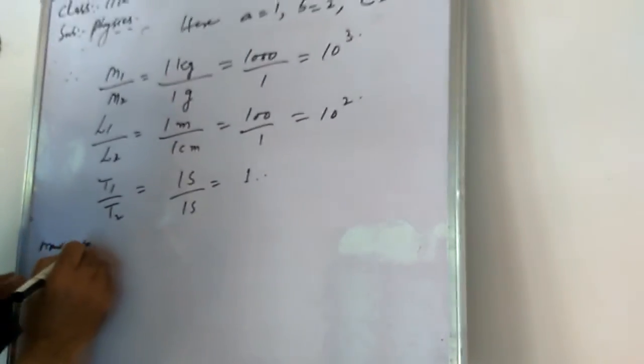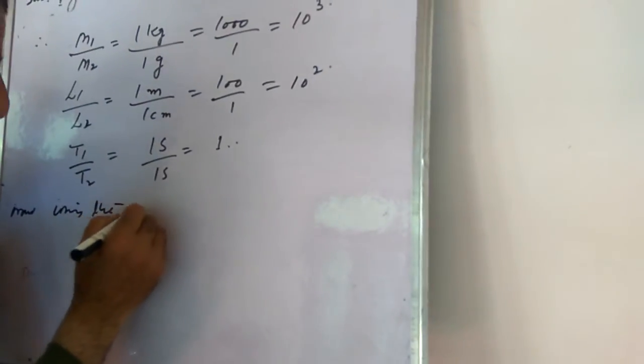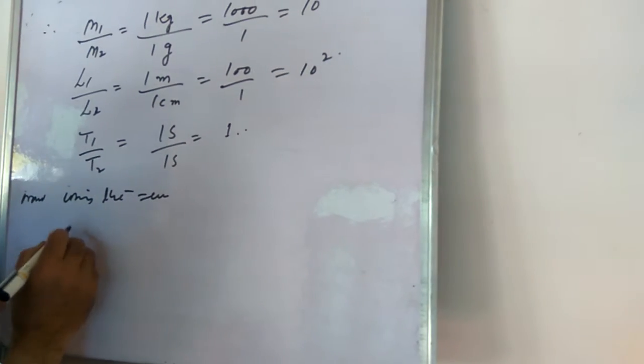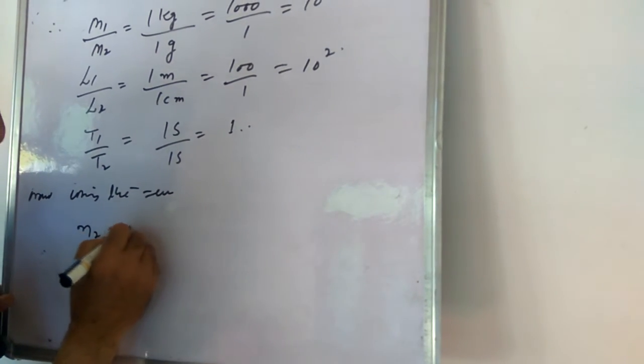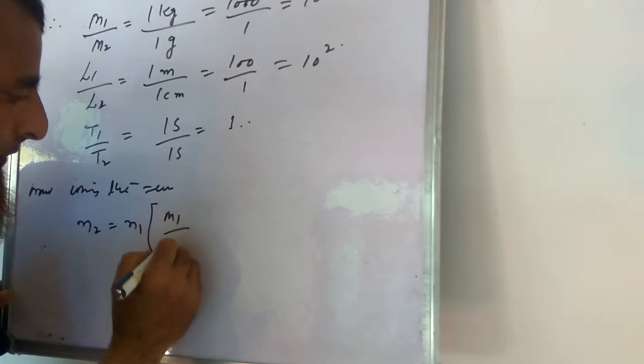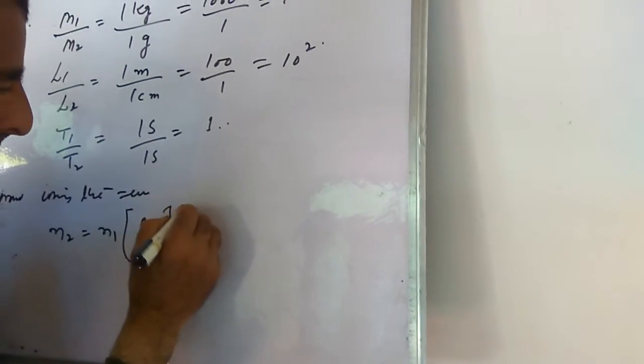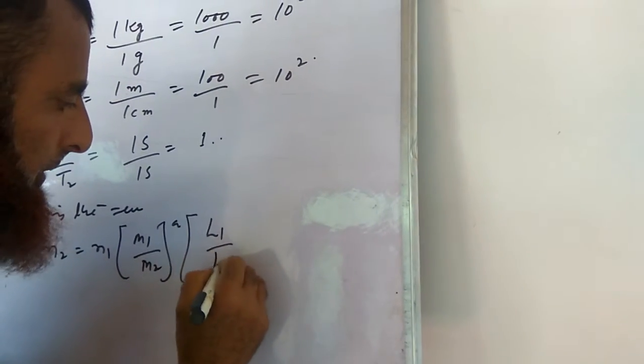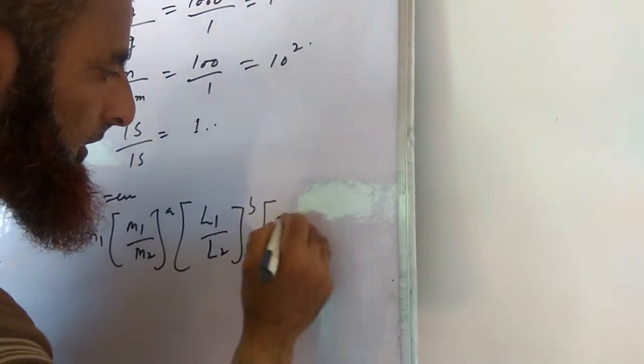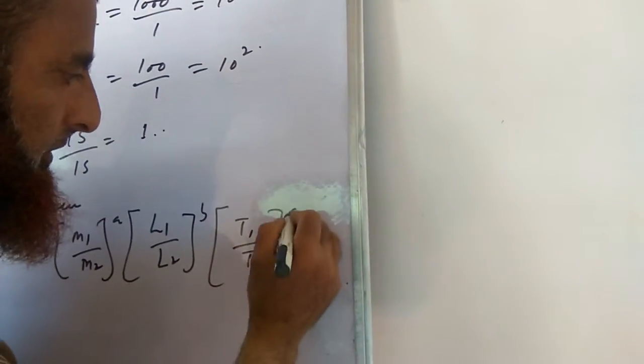Now, using the equation we derived just before, n2 is equal to n1 (M1/M2)^a (L1/L2)^b (T1/T2)^c.